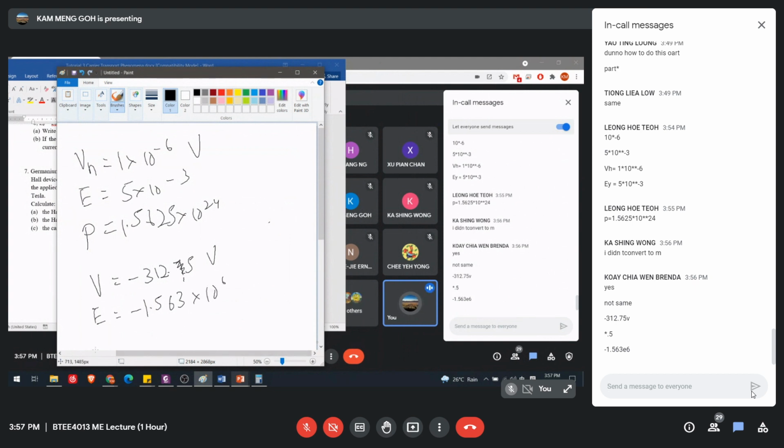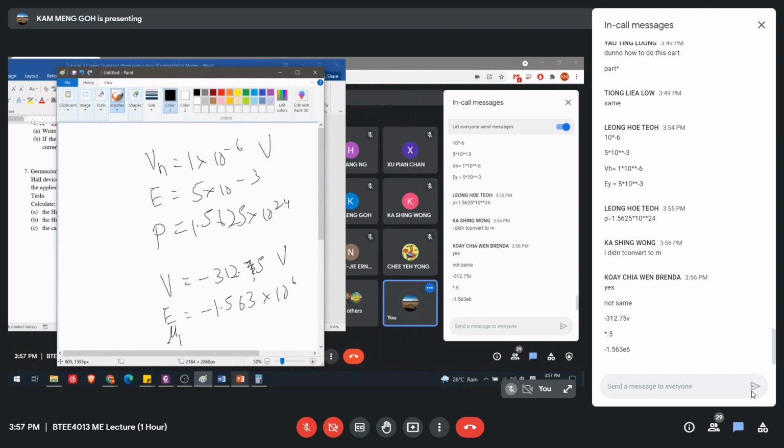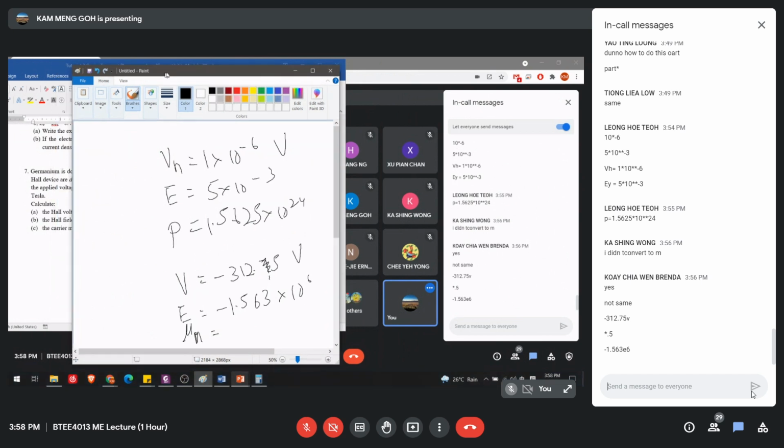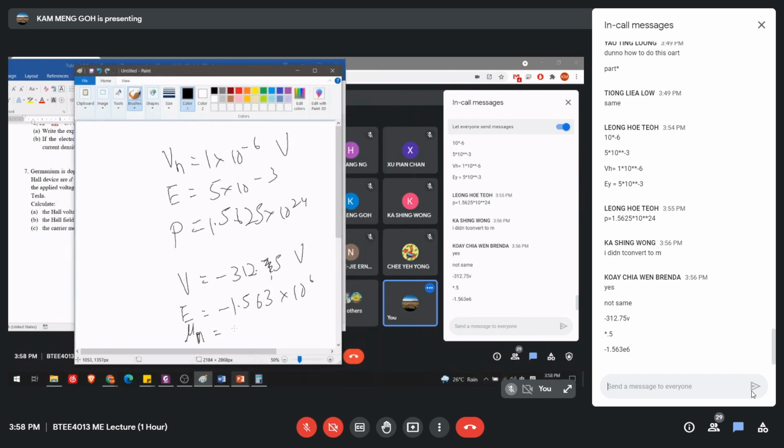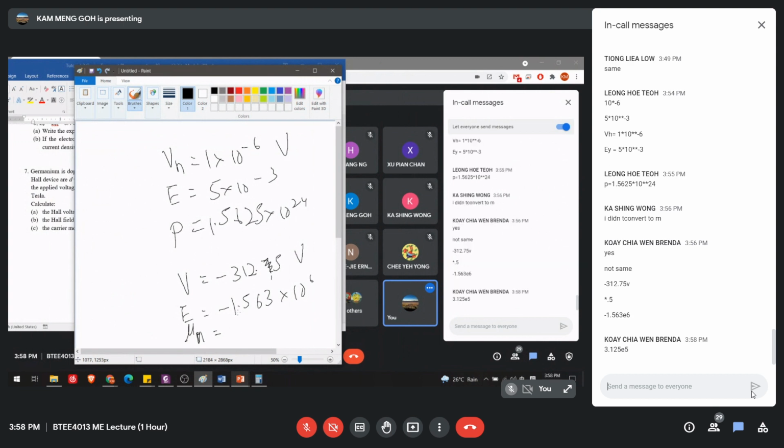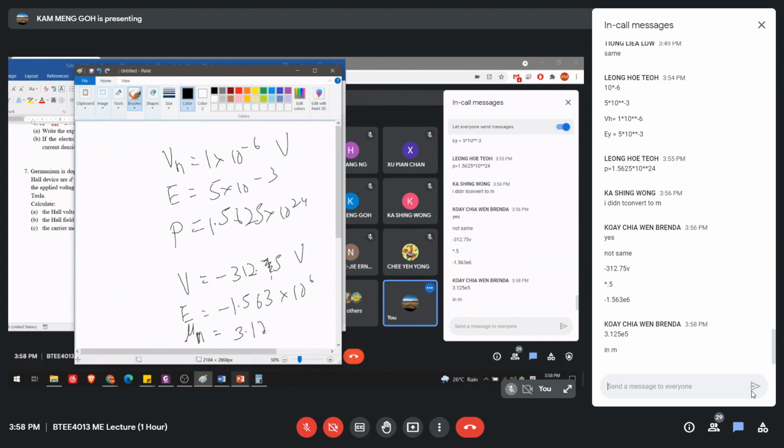Then the last one, the mobility, mu N, not mu P, is 3.125 times 10 to the power 5.